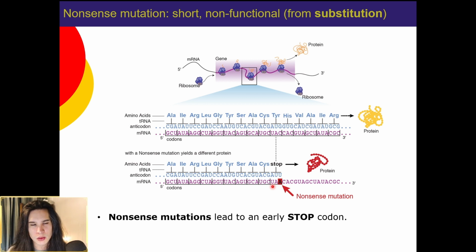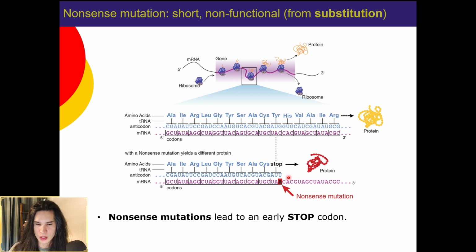Well, in a nonsense mutation, what happens is you get a stop codon. So you've gone from something coding for an amino acid to something coding for a stop codon, therefore causing an early stop. So nonsense mutations lead to an early stop codon, so you get a shortened non-functional protein. So it pretty much silences whatever gene you were trying to express in that cell.